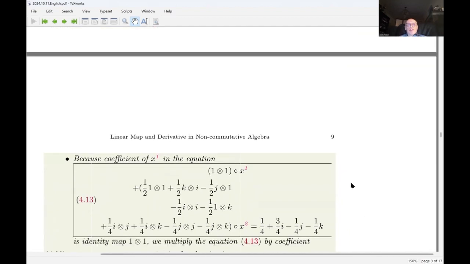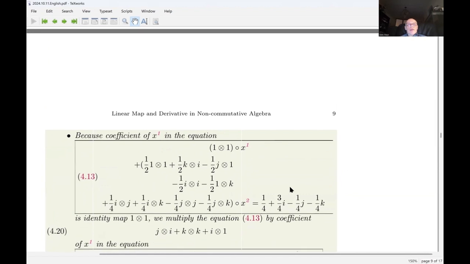Because the coefficient of x1 in equation 4.15 is the identity map, we multiply equation 4.15 by coefficient 4.20, which is the coefficient of x1 in the second equation.